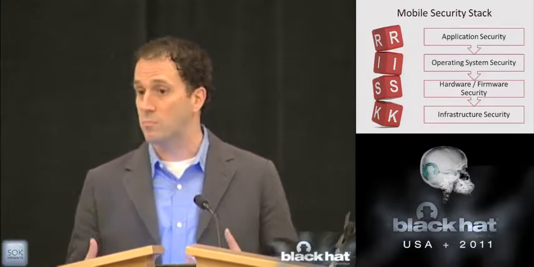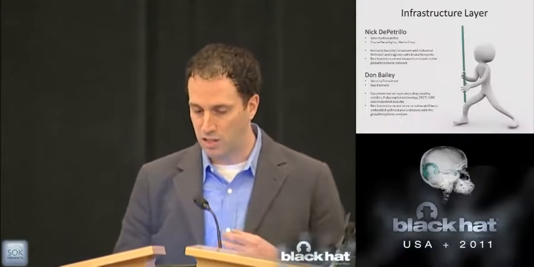And then the infrastructure security, which is a little different in the mobile space, as it's the cell towers and the underlying components that support the actual phones themselves. I don't think we need to dive too deeply into this. I think you get the general gist of how this security stack breaks out.